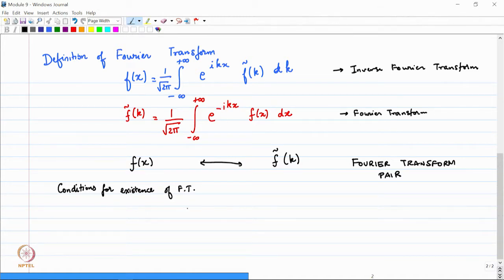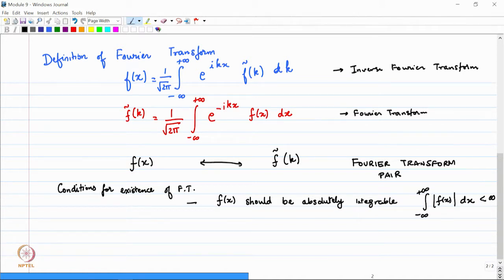So, the condition for existence is that f of x should be absolutely integrable. That means the integral of the absolute value of f of x dx from minus infinity to plus infinity should be less than infinity.